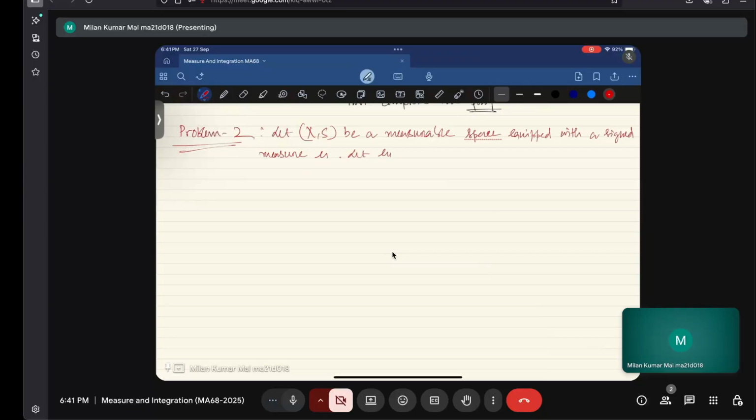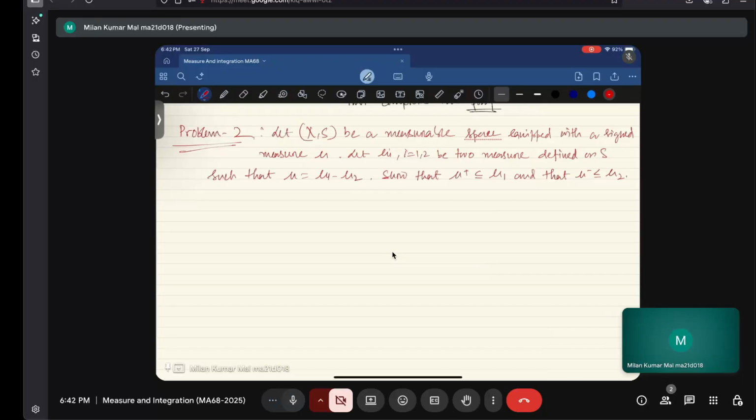Let mu i, i equal to 1 and 2, be two measures defined on S such that mu is equal to mu1 minus mu2.